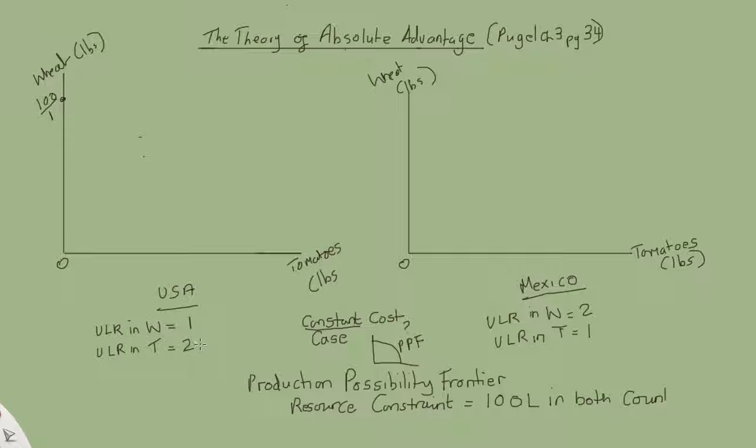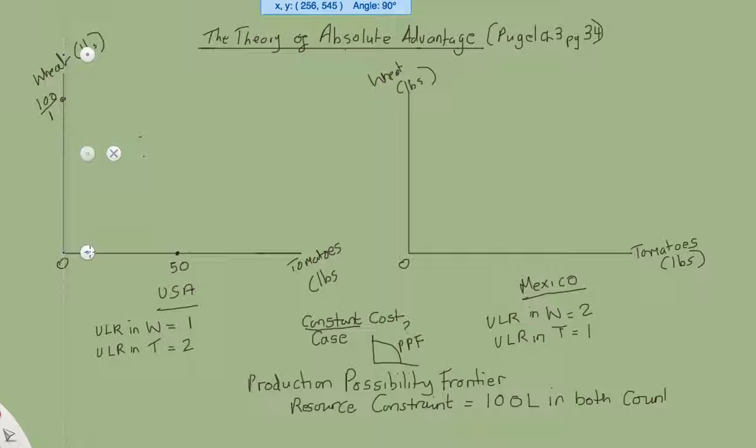And then the other extreme might be that they could put all their resources, which is that 100 units of labor, into the tomato industry, in which case, at 2 hours per pound of tomatoes, as you're probably imagining, the most tomatoes you could ever make in the US if you made no wheat is 50 pounds of tomatoes.